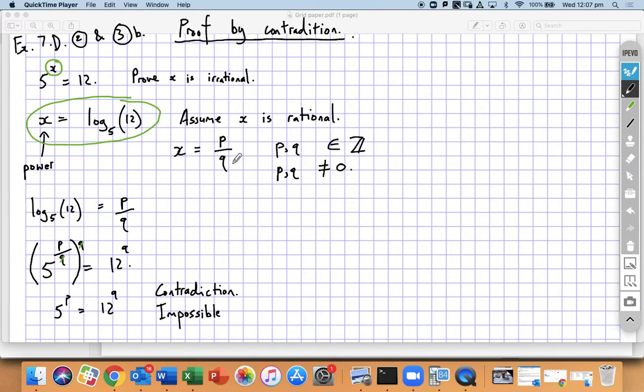And we said they're integers because that's what it means to be a rational number. It means you can express it as a fraction made up of whole numbers.